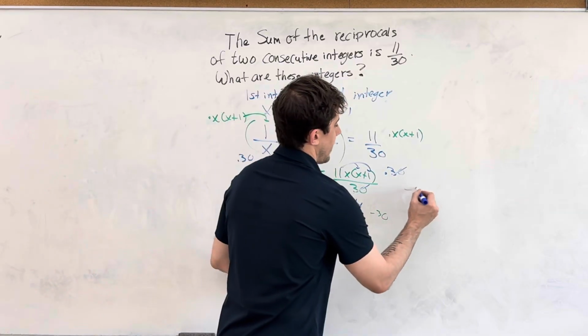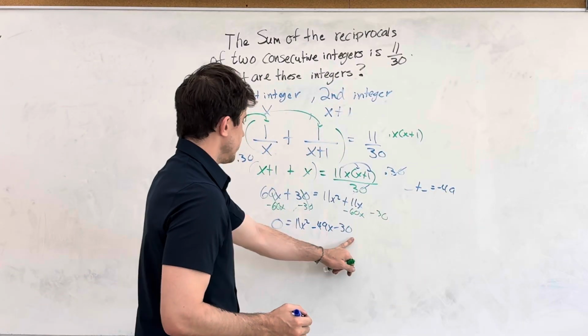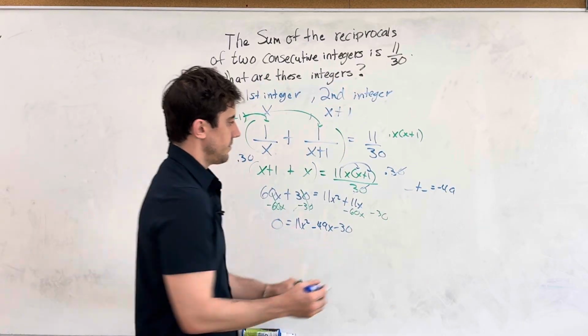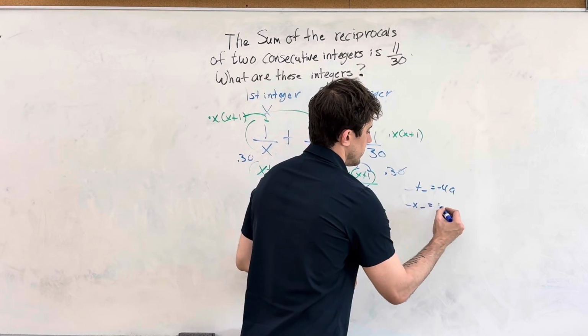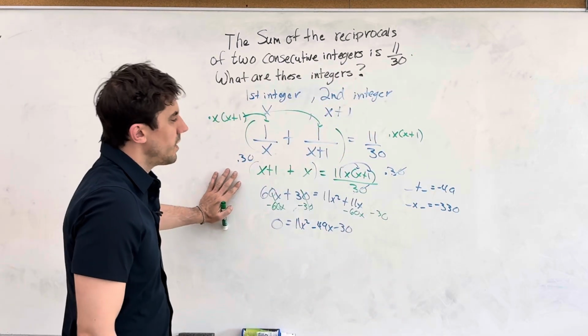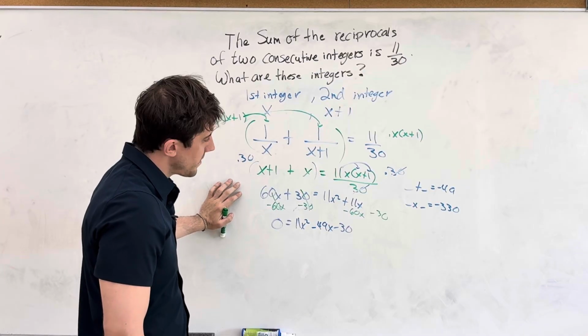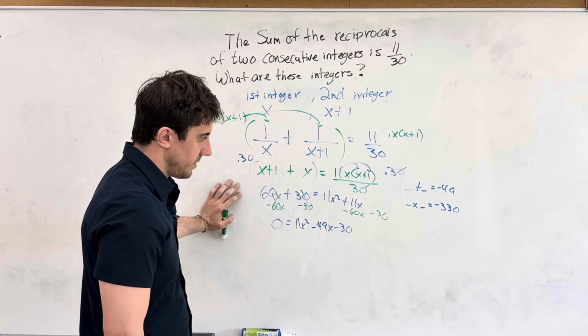What numbers add to make negative 49 and simultaneously multiply to make 11 times negative 30, which is negative 330? You might be able to think this one through.